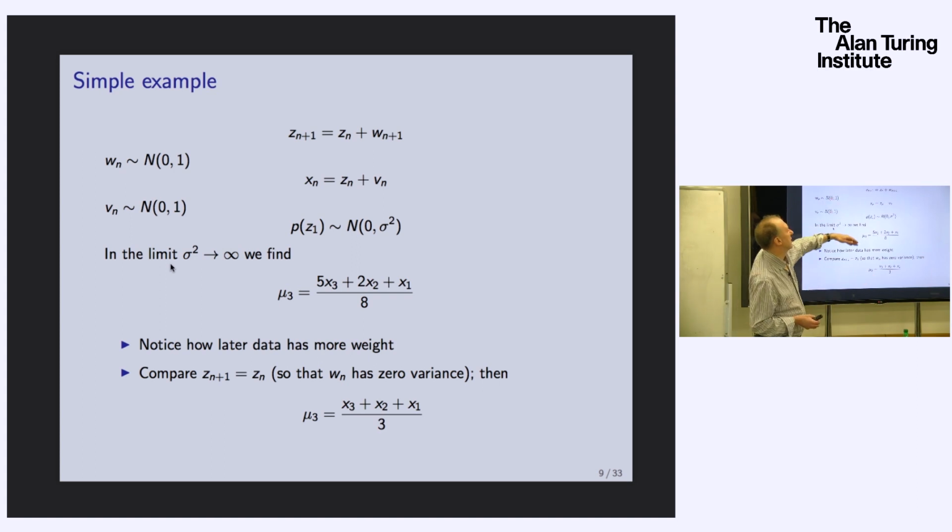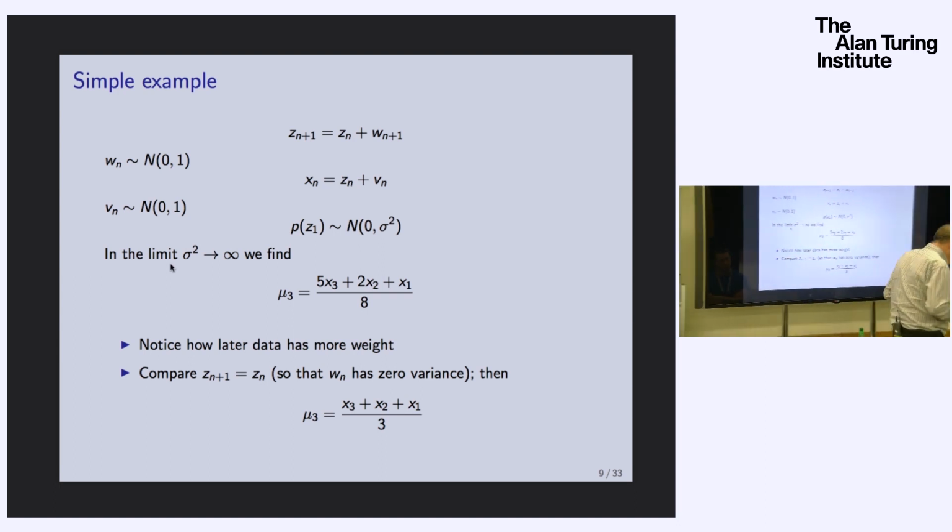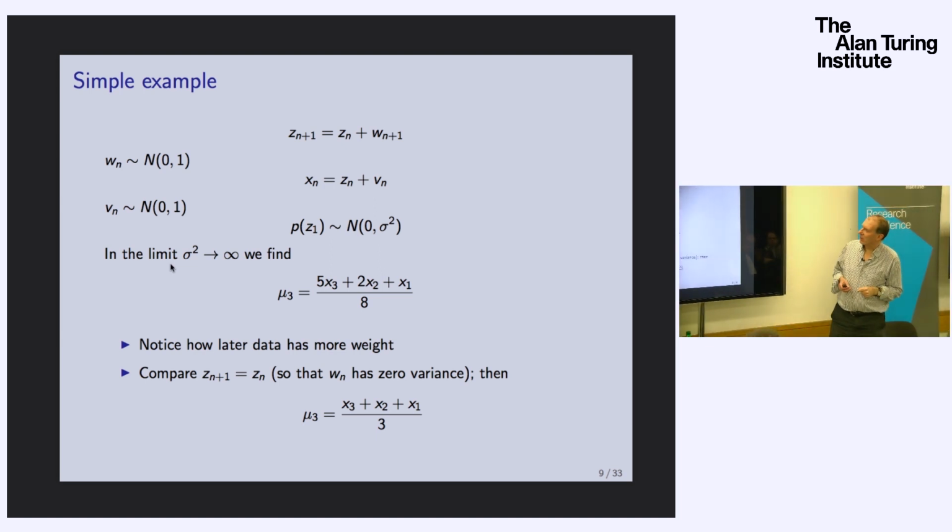Because what this is telling us is that if we want to know where we are now, we should pay more attention to the most recent observations, because things could have changed. The Z could have evolved and had dynamics over time, whereas in this case it wouldn't have. You can work through the maths, but it also tells you things that you'd expect to work out nicely.